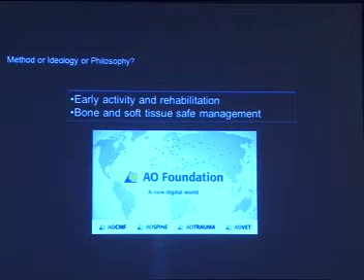Speaking about early activity and rehabilitation and bone and soft tissue safe management, the same principles are in AO. But Ilizarov introduced them very early, in the early 50s. So AO and Ilizarov principles are the same, but Ilizarov's techniques and principles were made earlier.